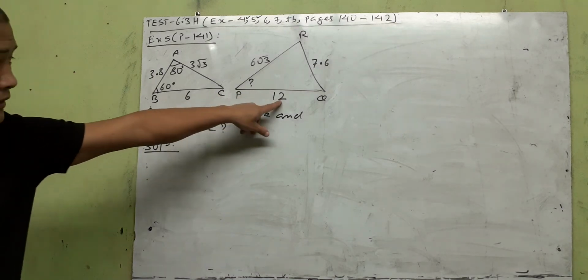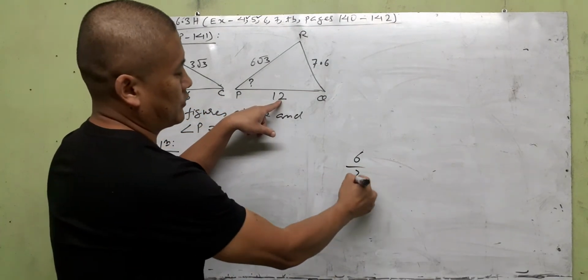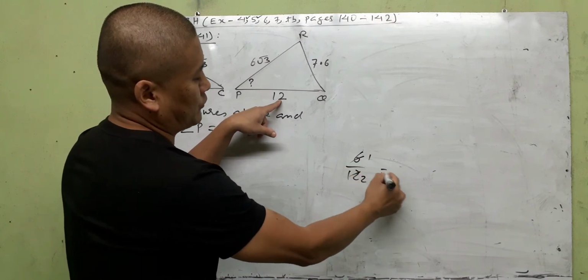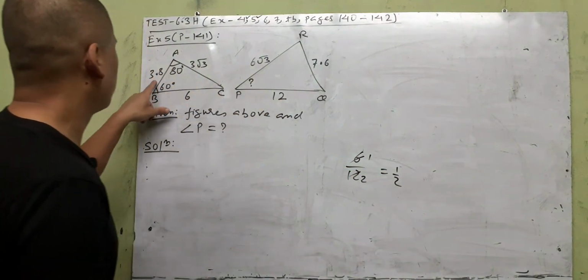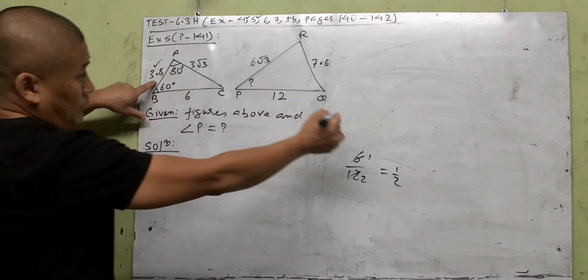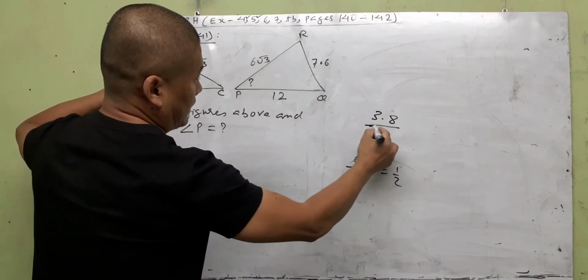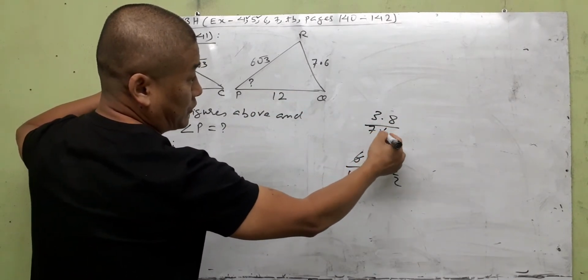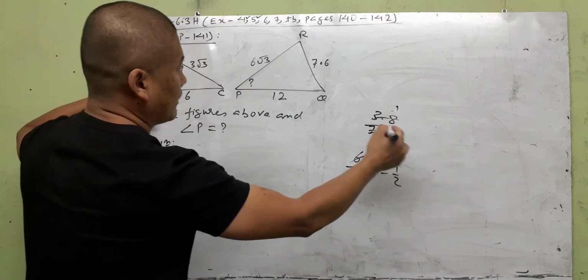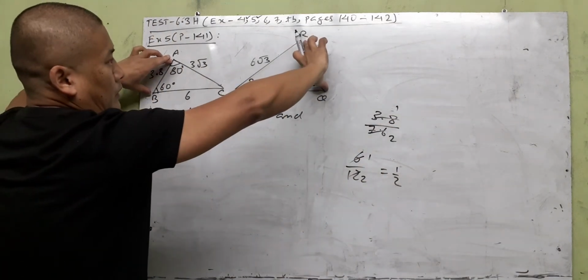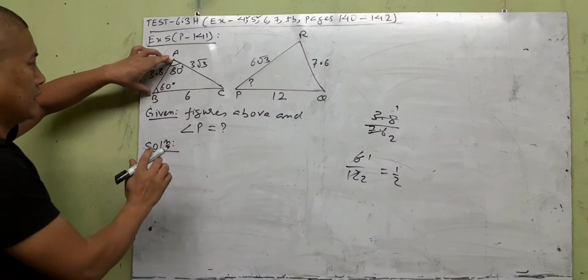This 6 and 12, if we divide, it seems to be 1 by 2. And 3.8 divided by 7.6 seems to be 1 by 2, since 3.8 into 2 is 7.6. So AB and RQ are corresponding. We can clearly see that.